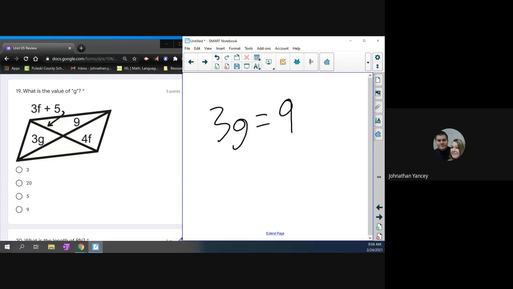So this is 3 times G. What's the opposite of multiplying by 3? Okay, dividing. So the opposite of multiplying by 3 is dividing by 3. So we're just undoing what's going on there. These will cancel out, and G will equal 3.